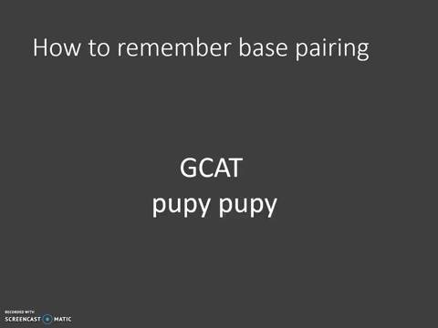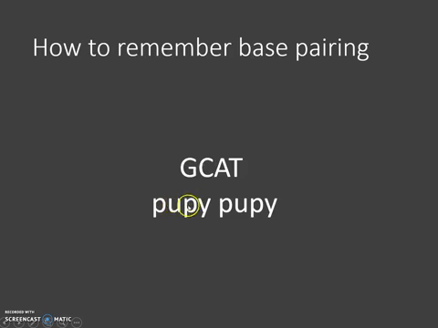One way to remember base pairing is to use this little mnemonic. First, let's take a look at the GCAT. GCAT shows you that G always pairs with C and A always pairs with T. So guanine always pairs with cytosine, adenine always pairs with thymine. And then the puppy comes into play because guanine is a purine, which starts with PU.